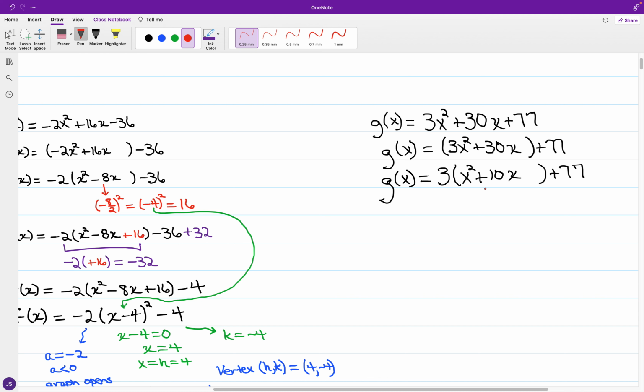The first term inside the parentheses is x squared, and I can take the coefficient of the first order term, which is 10. Taking half of this coefficient, 10 halves is 5, and 5 squared is equal to 25.